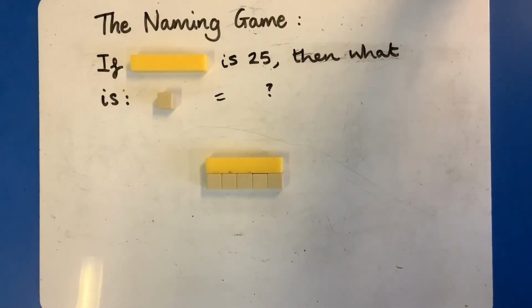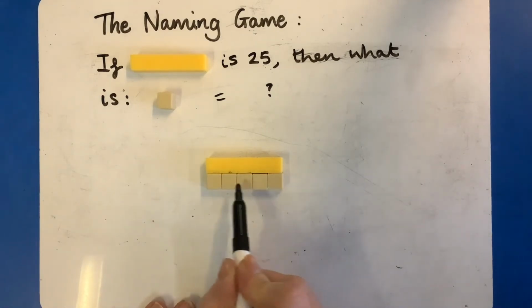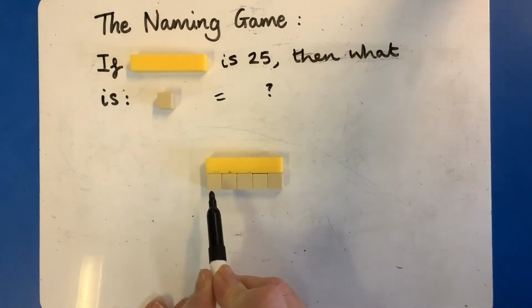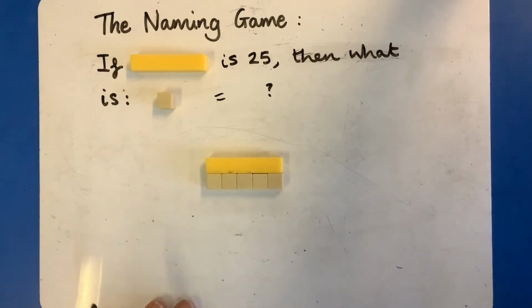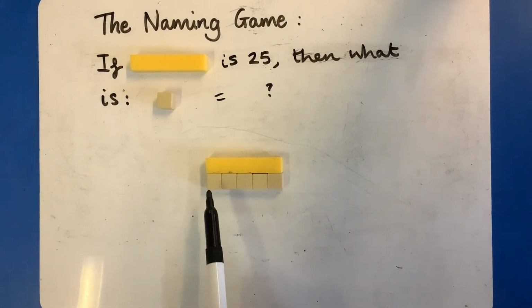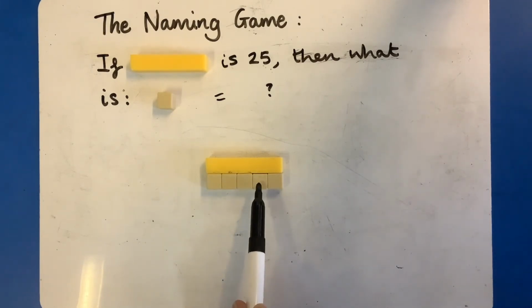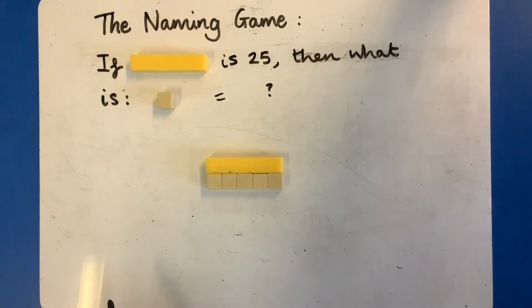If yellow is 25, then what is white? Can you work it out? I've got 5/5 here. What's 25 divided by 5? Well, I know my 5 times table, so I'm going to count in 5s and see if that's right, because it ends in a 5, it might be. 5, 10, 15, 20, 25.